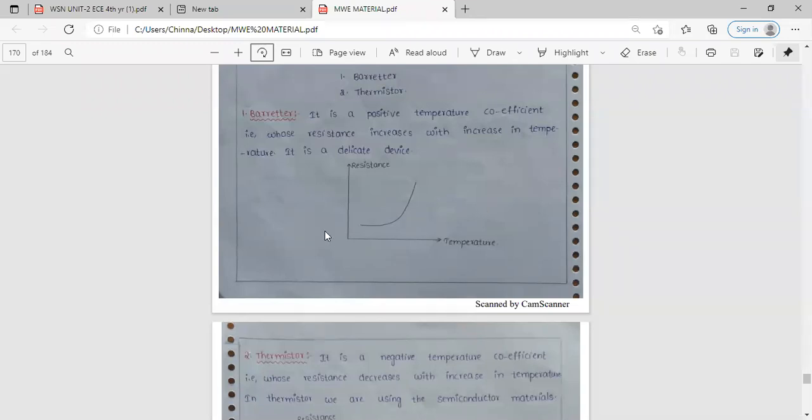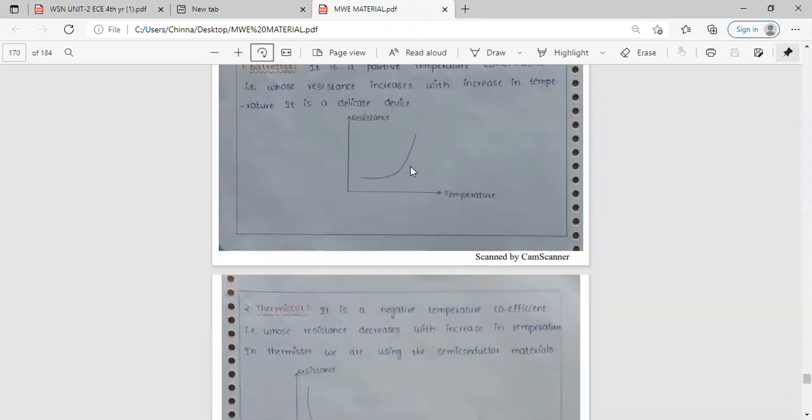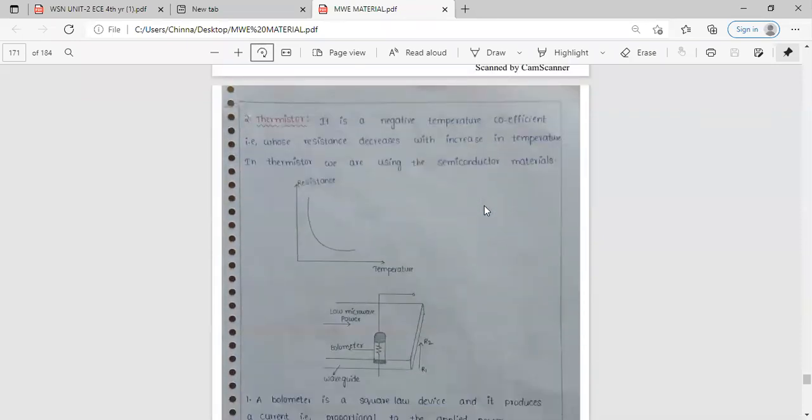So as the temperature increases, its resistance also increases. That is the barretter. You can see in the diagram that resistance increases linearly with respect to temperature. Then the thermistor is a negative temperature coefficient device, that is, its resistance decreases with increase in temperature.